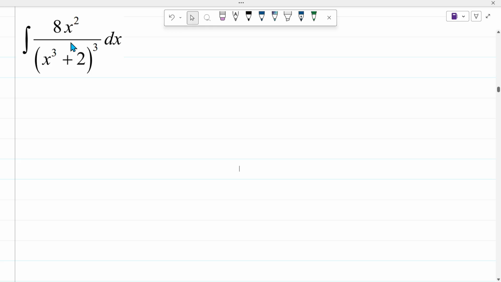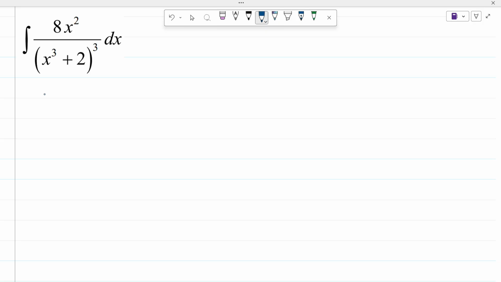Yes. When we check the derivative of x cubed plus 2 with respect to x, that's going to be 3x squared. Then you check, do I have 3x squared there? I don't, but I have x squared. So I can cook the 3, because we can always cook the numbers, but you cannot cook anything of x.